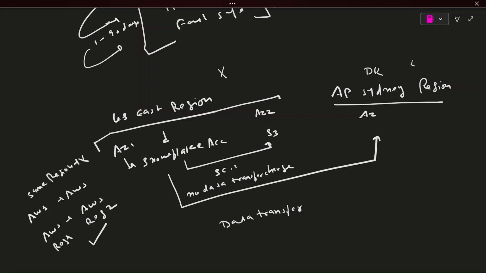This is the second scenario, right? Region 1 to region 2. Now if we go from AWS to Azure, some other region, some other cloud provider, data transfer charges will be there. Got it?